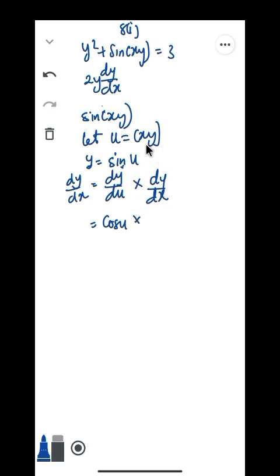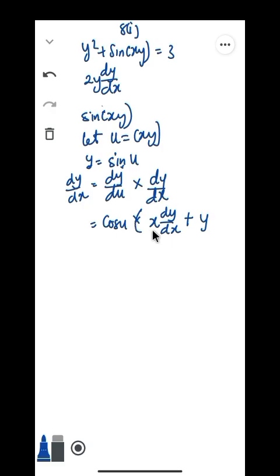times, and now I differentiate xy. I'm going to differentiate implicitly, but this is also a problem of product rule, so using the product rule to work this out, I should have x dy/dx plus y. So this is what you're going to have.